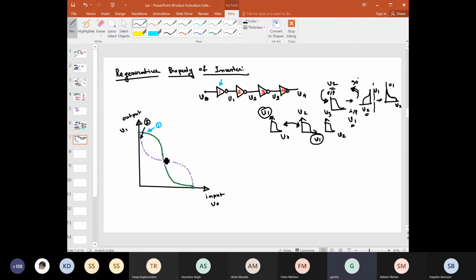But let's say we are not going up to the threshold, but just a little below it. Say maybe here. So we are applying a voltage V0, which is like this, right?